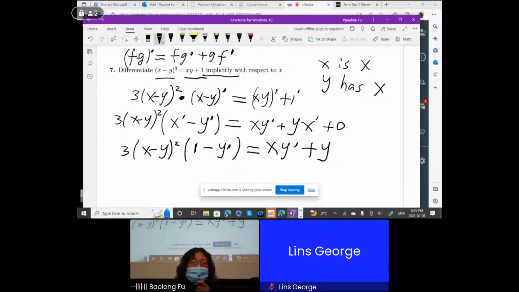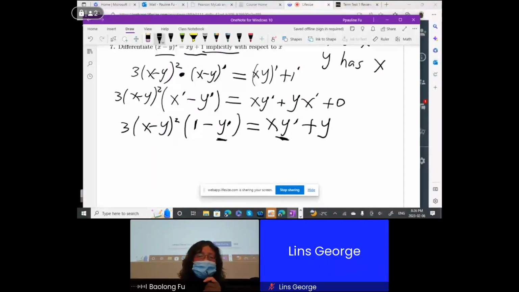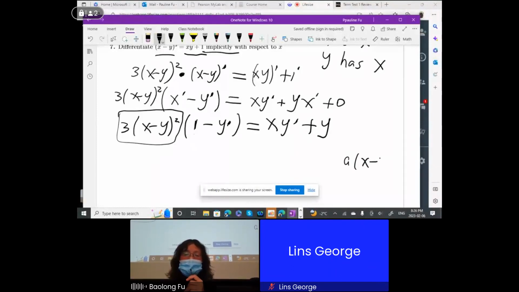Now our objective is to solve for y prime. We want to solve what y prime is equal to. And I see y prime here and y prime here. Consider this part a big item, a box. For example, x times x minus y, x times a equals ax minus y times a, minus ay.